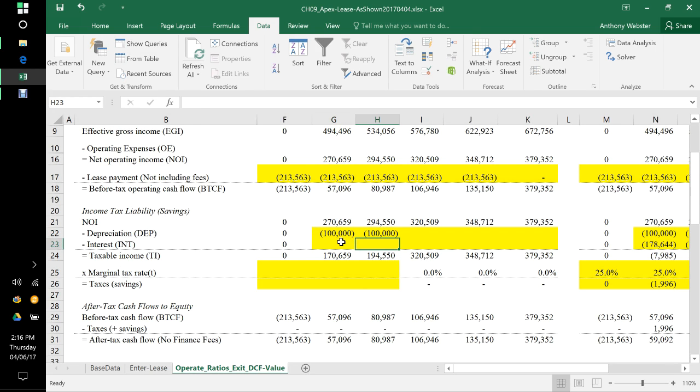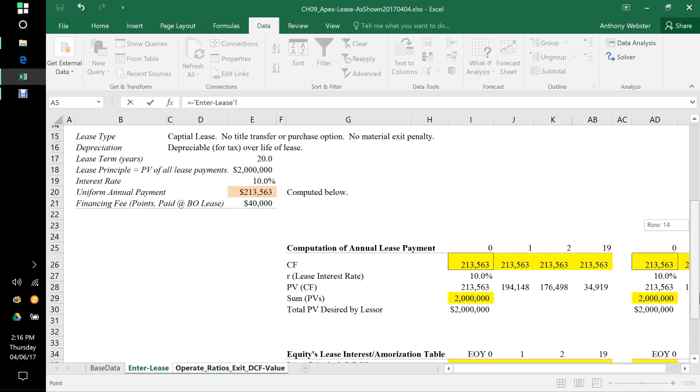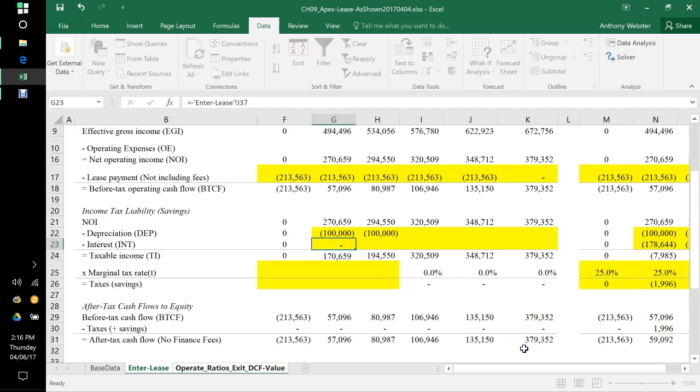And my interest at t equals 0, my NOI at t equals 0, my taxable income at t equals 0, all 0. But what interest did I pay in the first year? I have to go back to my lease roll forward table, and I see that in year 1 the interest portion of my payment was 178,644, and I'll just roll that ahead.